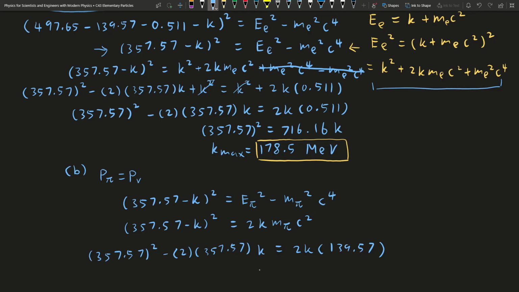Again, this time I directly solve for K using the calculator. The answer is 128.6 MeV. This is the answer for B.